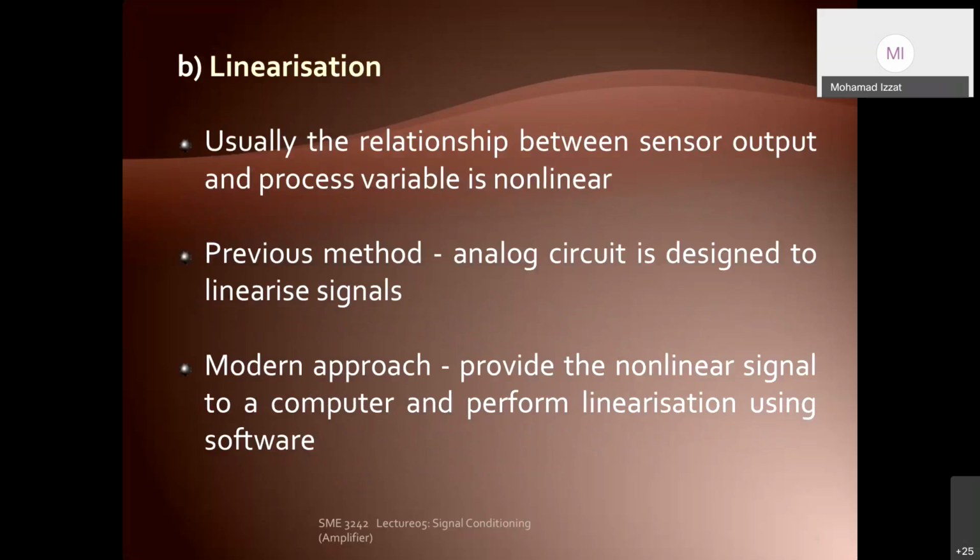The second one is linearization. So biasanya system designer ataupun instrumentation system designer, they try to avoid working with instrumentation system yang tak linear. Tak linear maksudnya dia punya respond of that sensor, you tak boleh nak predict.